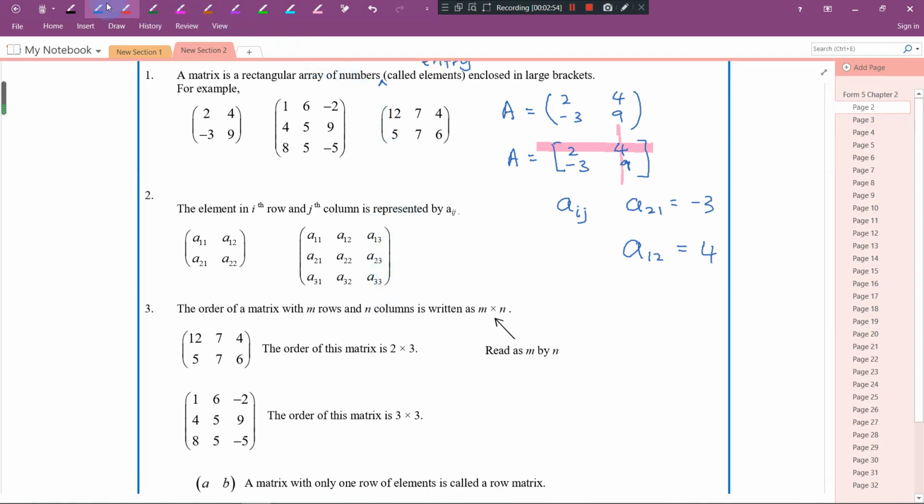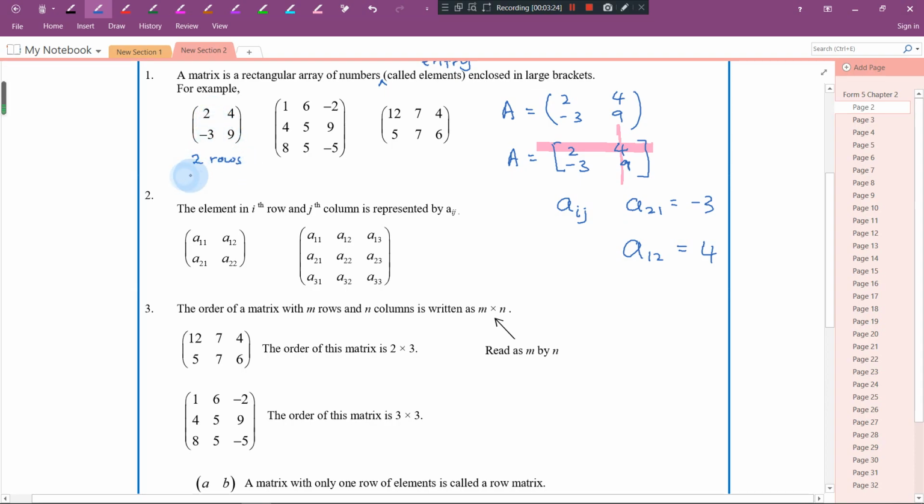Next, we are going to learn how to state the order of a matrix. When we want to state the order of a matrix, we need to mention two things: the number of rows and the number of columns. Let's try these few matrices. How many rows do we have here? 2 rows.